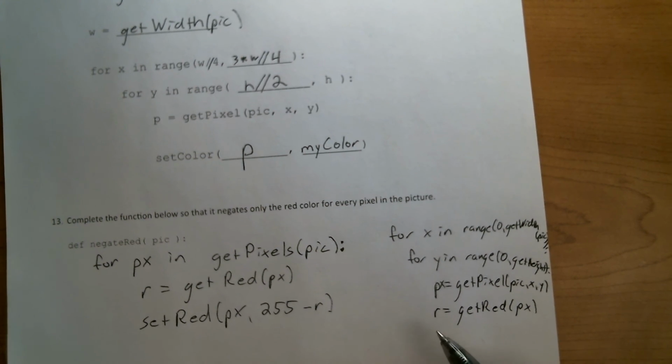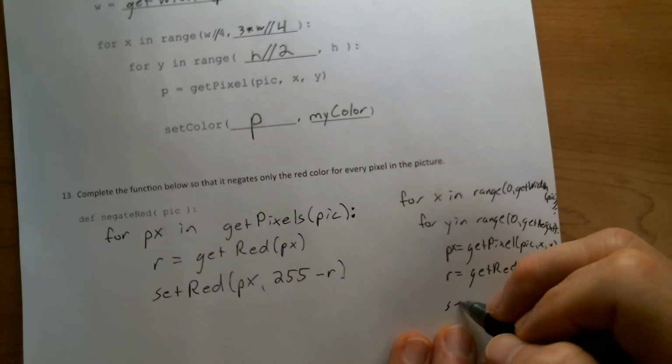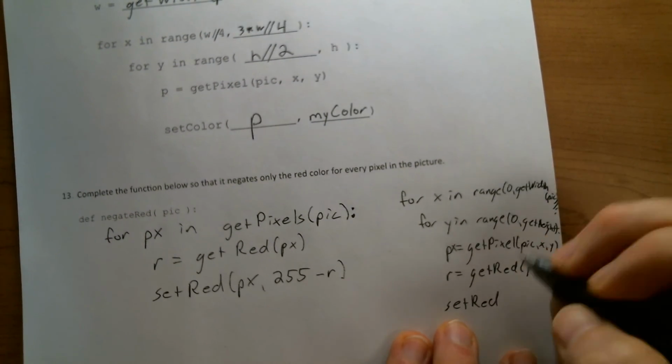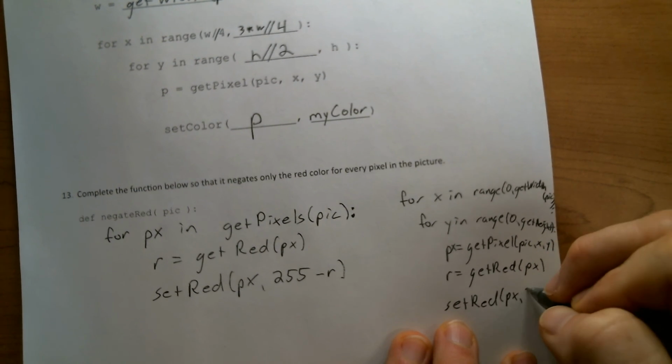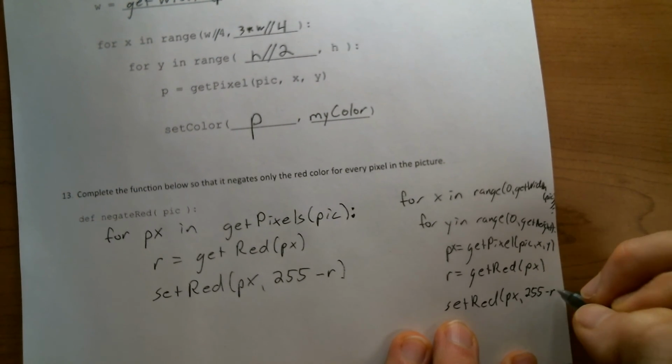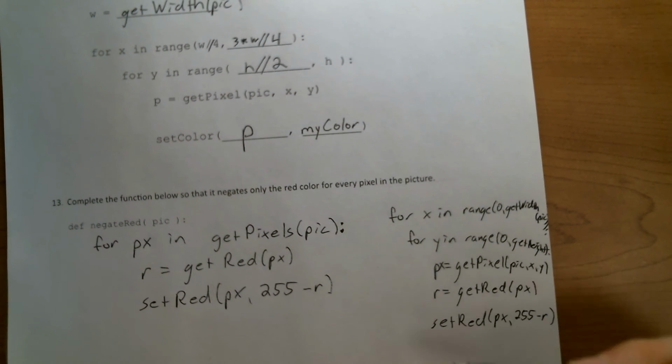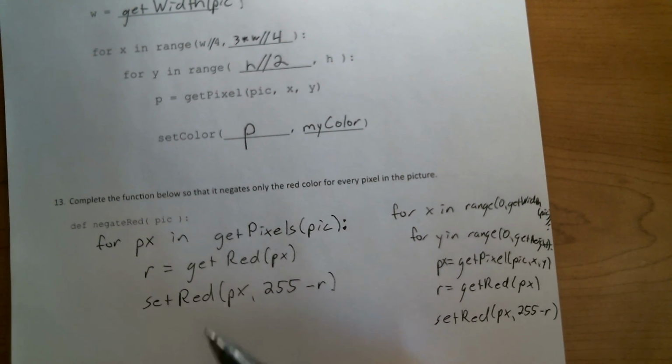And then once you've got the red value, then you can actually do the set red of px, comma 255 minus r.